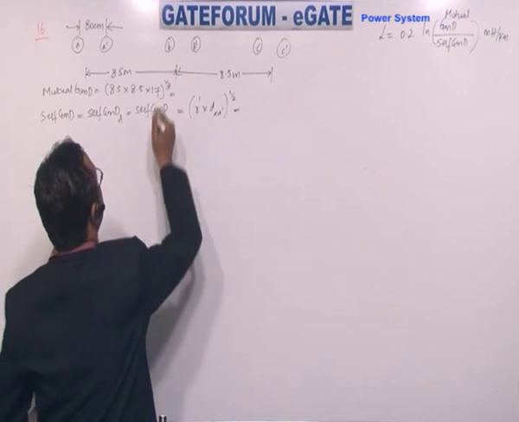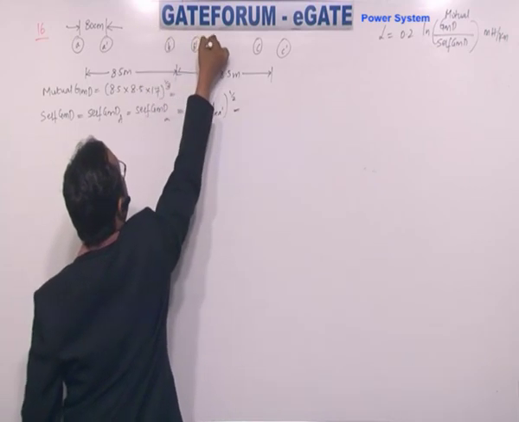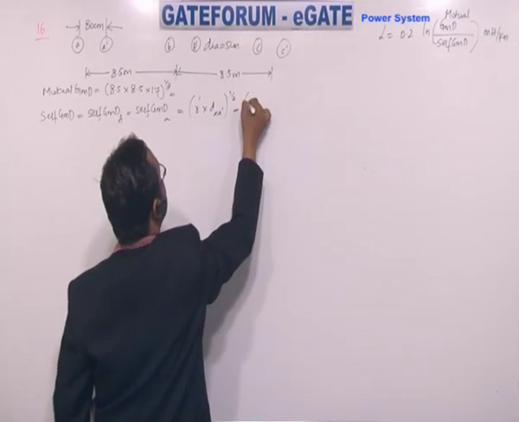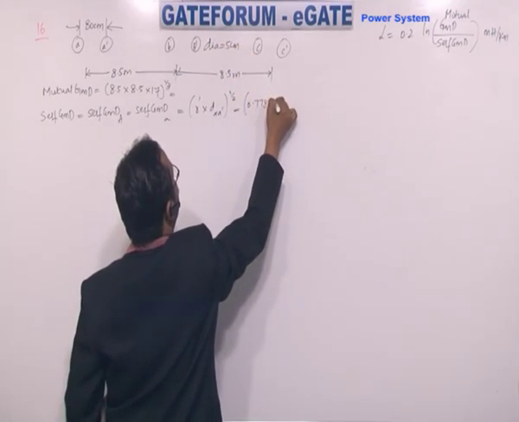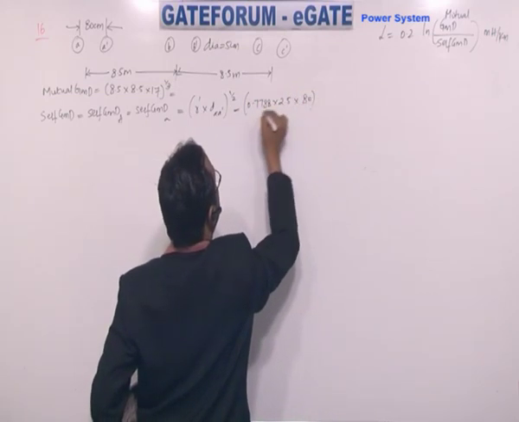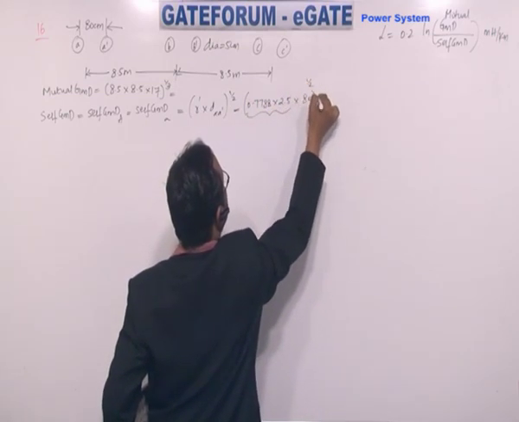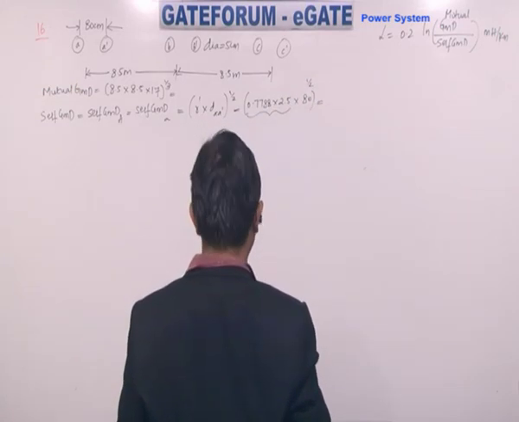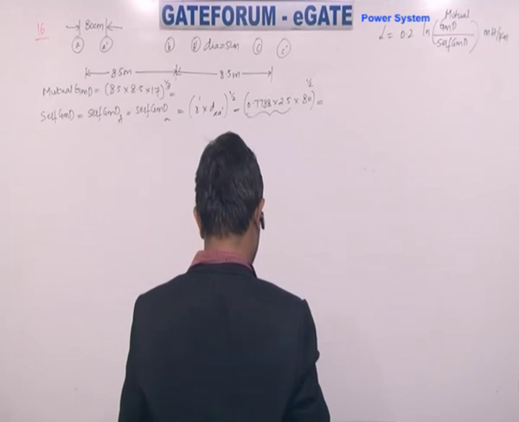Diameter is 5 centimeters. So radius 2.5. A dash is 80. So now you apply square root. Find out what is the self GMD.